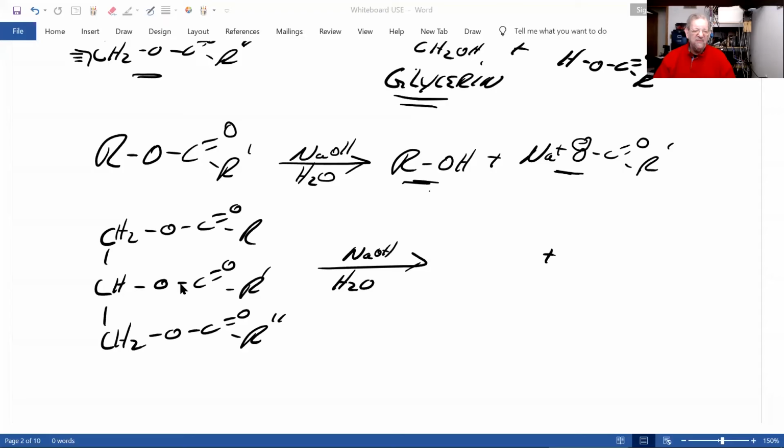Why don't you try and figure out what would be the products of that reaction? And then I'll do it. What would be the product or products of this reaction? Your turn.